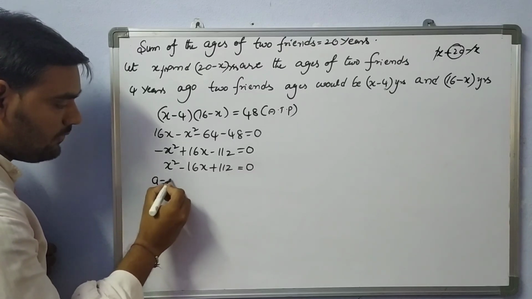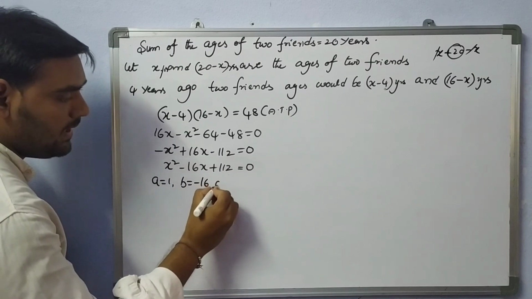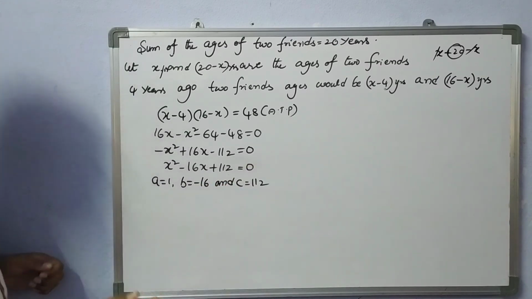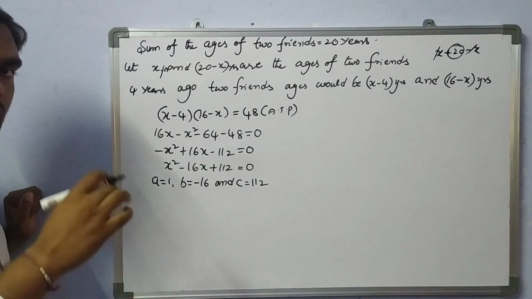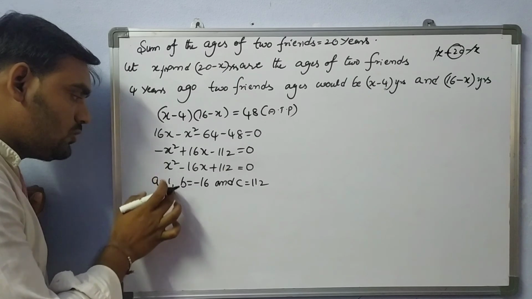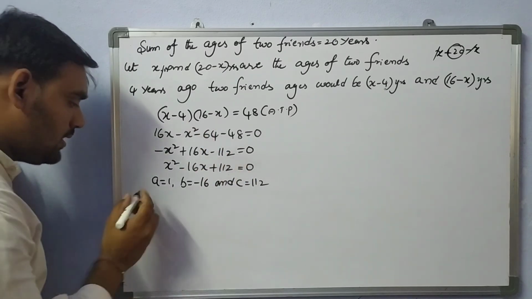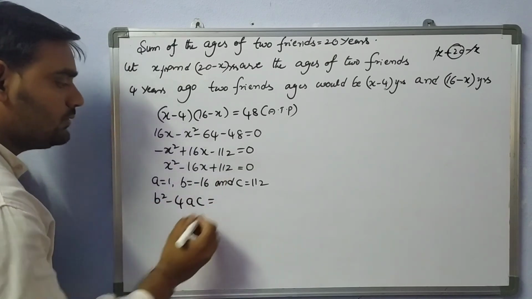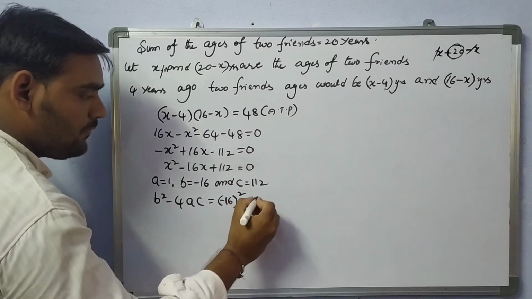A is 1, B is minus 16 and C is 112. We compare with the general form of a quadratic equation, ax square plus bx plus c is equal to 0. Now B square minus 4AC is equal to minus 16 whole square minus 4AC.